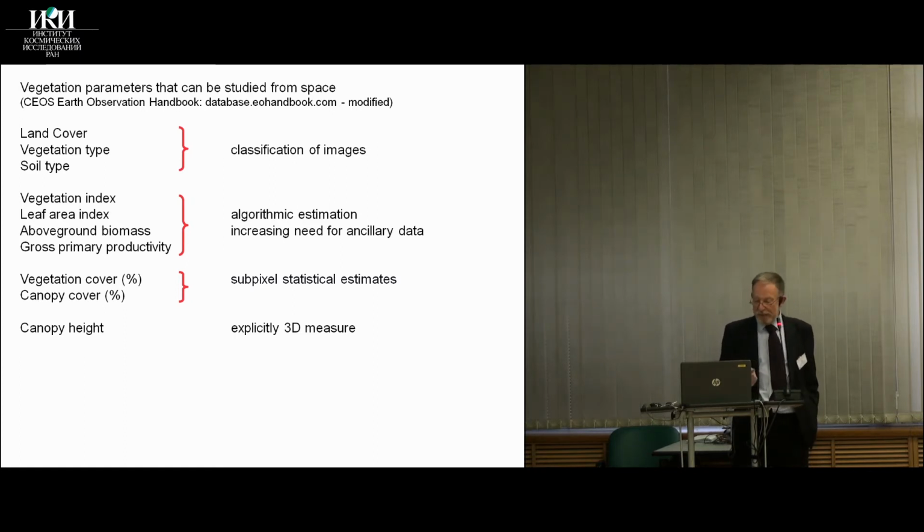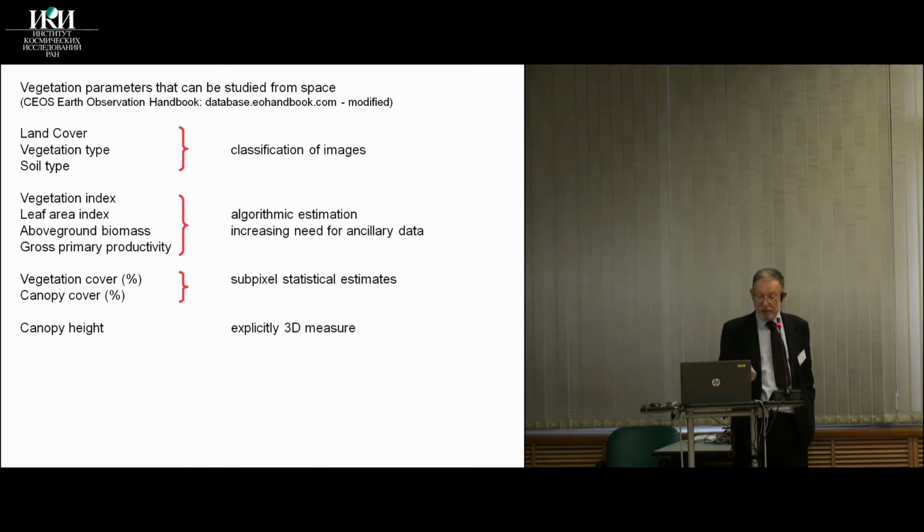So there are about 10. We have land cover type, vegetation type, soil type. These essentially all come from the classification of images. We have vegetation index and leaf area index, above ground biomass, gross primary productivity, growing stock volume, these parameters.